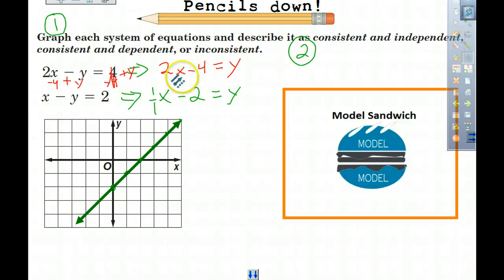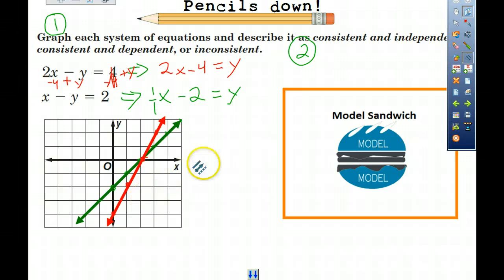What about here? -4. Let me do that. So -4, go up to over 1. Grab that.